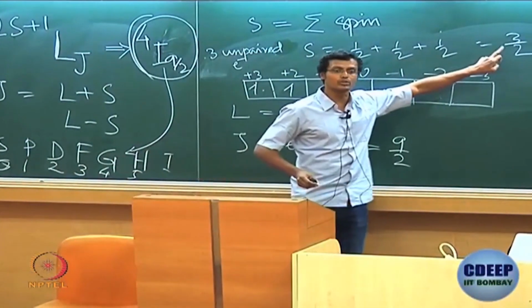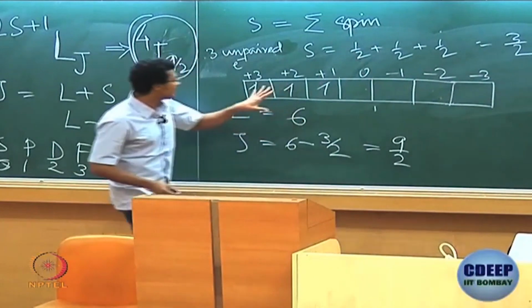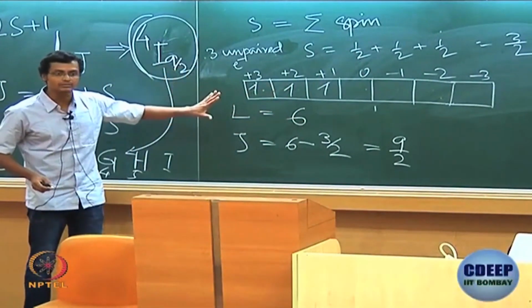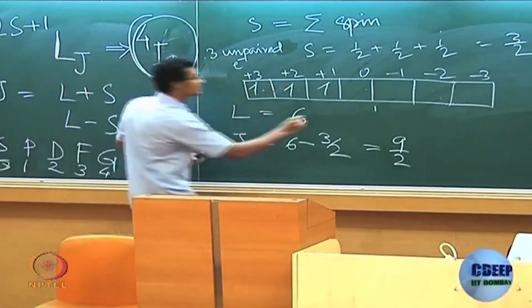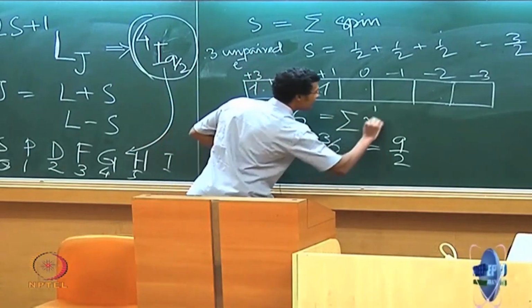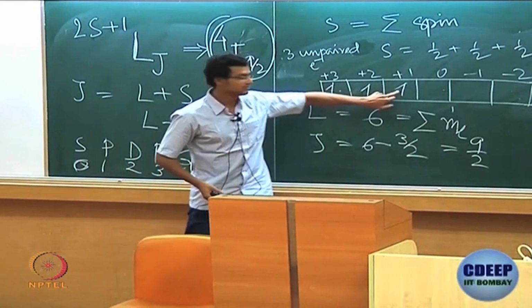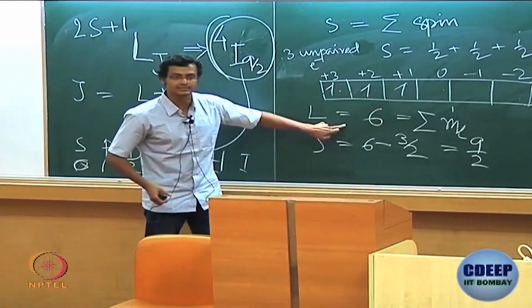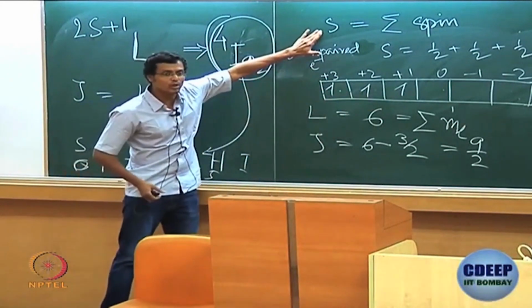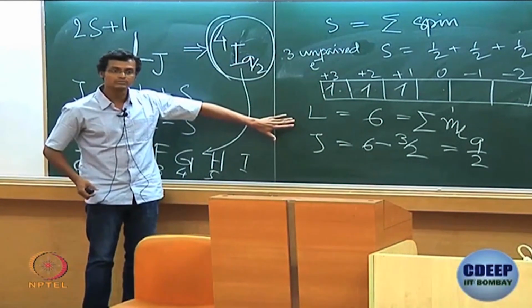Capital S is going to be 3 by 2. You have to calculate the L value. L equals the summation of ml, 3, 2, 1, so that is going to be 6. S you know, L you know.